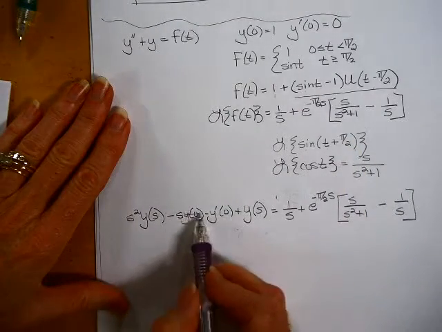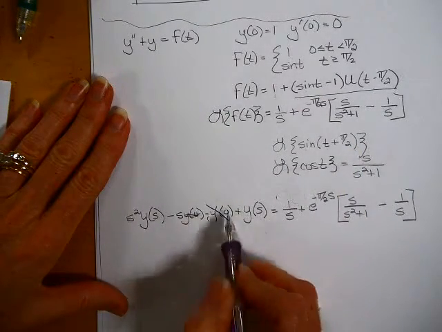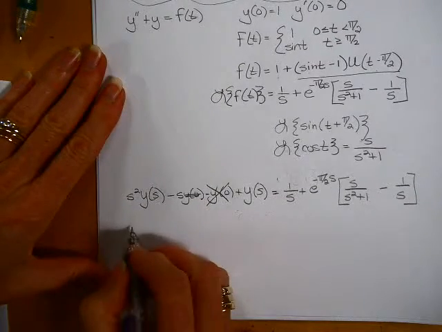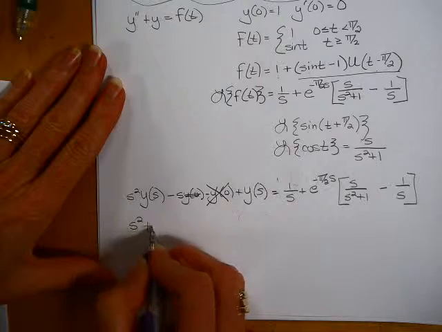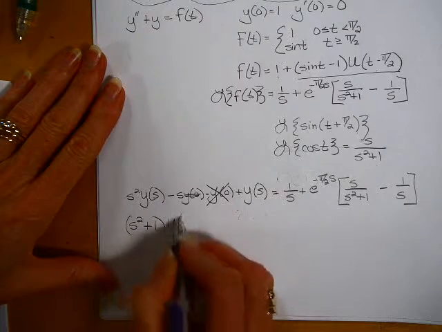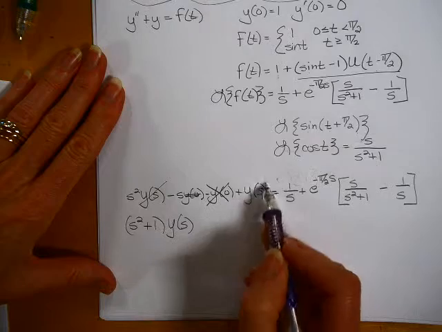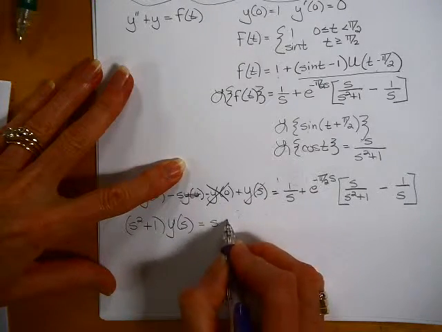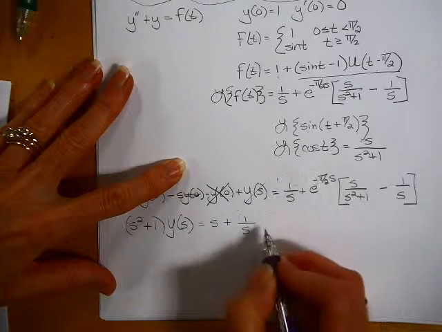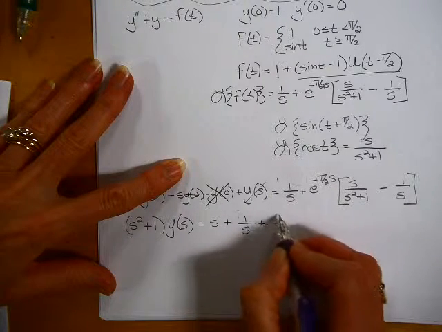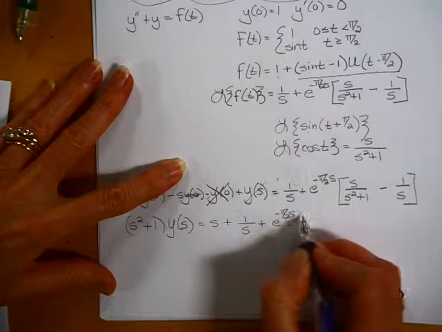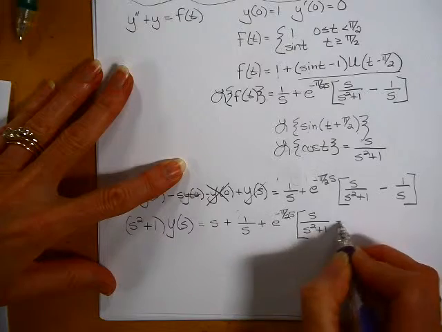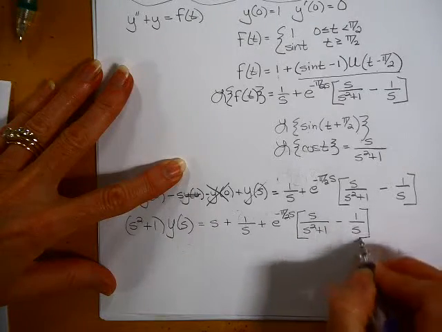Y of 0 is 1. Y prime of 0 is 0. s squared plus 1 times y of s, that takes care of those, minus s, move it to the other side, it becomes s plus 1 over s plus e to the negative pi over 2s times s over s squared plus 1 minus 1 over s.